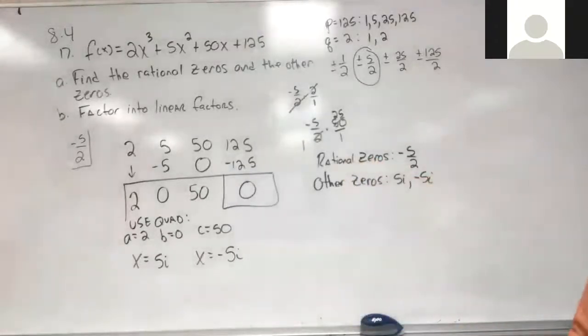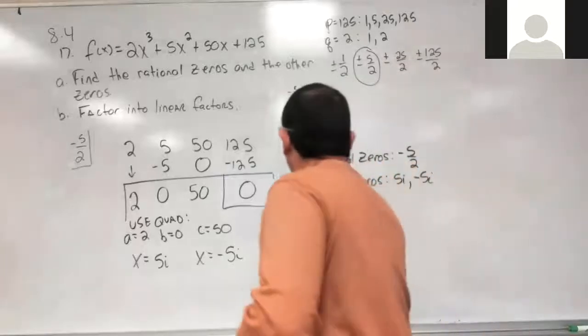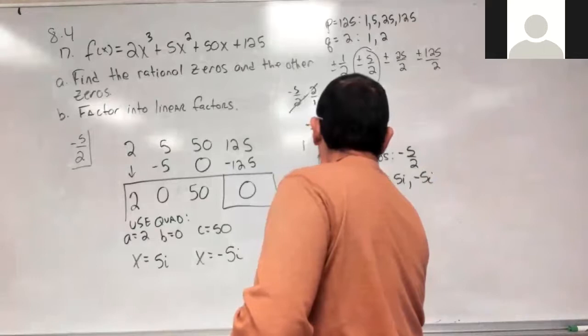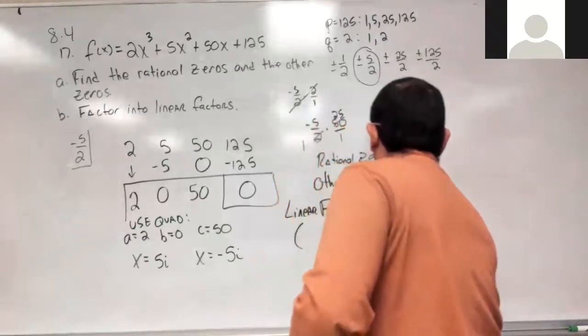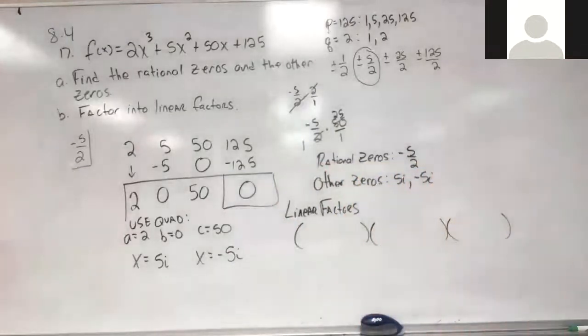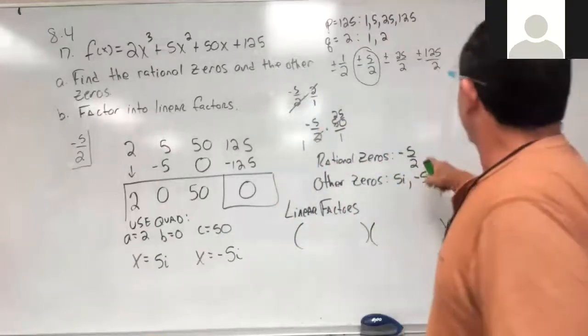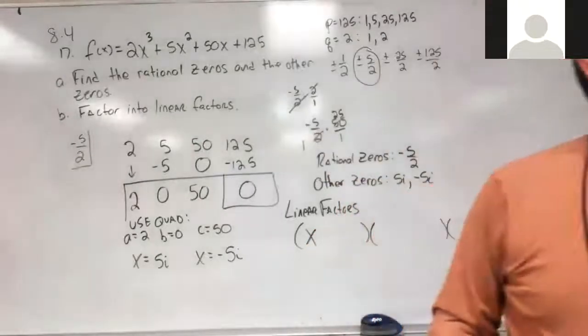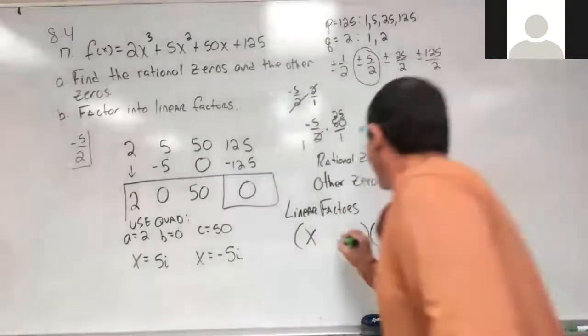Okay? So then part B said, hey, write this as linear factors. So for linear factors, they're going to give me parentheses. And basically, we're going to take each of the zeros, put them into parentheses, and change the signs. So where's my first one? Negative 5 halves. So this will be x plus 5 halves.